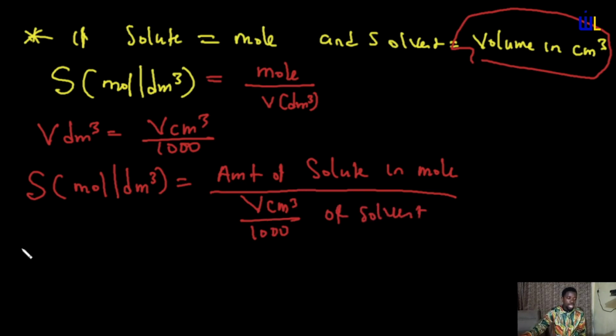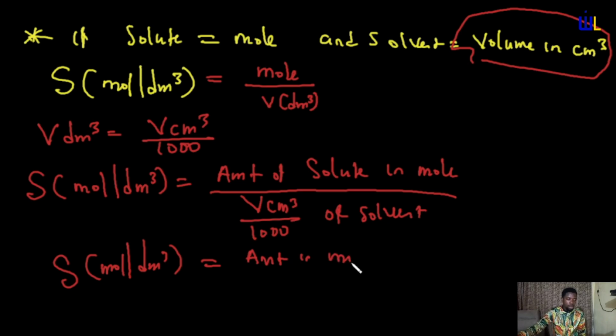So you'll notice that if I decide to rearrange, solubility in mole per dm³ would now be equals amount in mole divided by volume in cm³ over 1000.